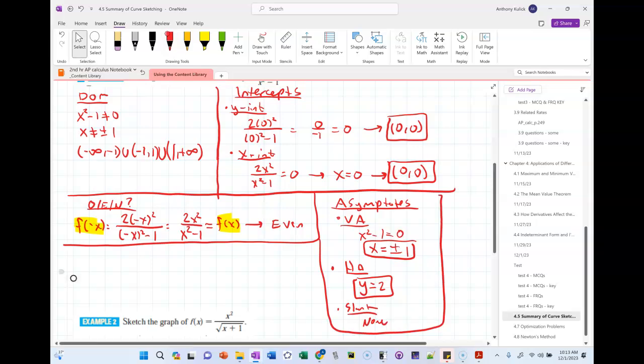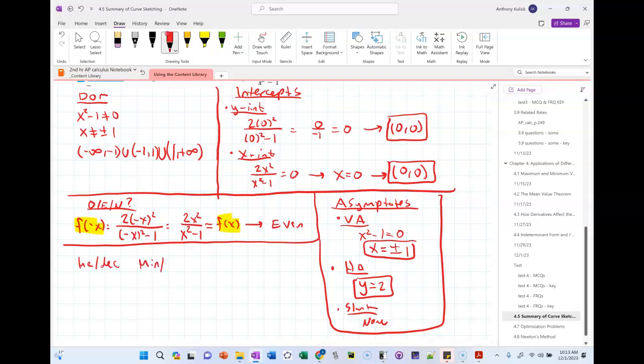Leading coefficient divided by leading coefficient. Okay. And I'm going to do intervals of increasing, decreasing, and max and mins all in the same shot here, right? Because what are we going to use to do this? The first derivative. So we have to use the quotient rule here.